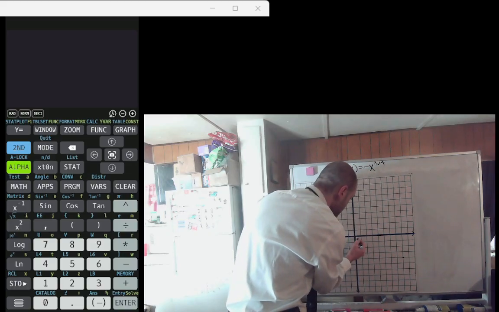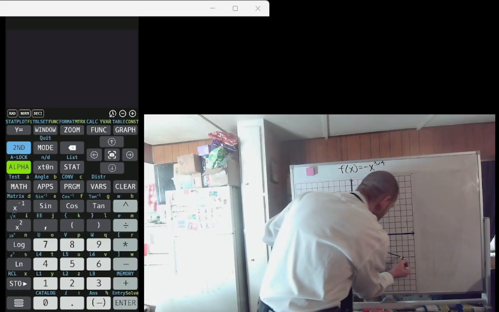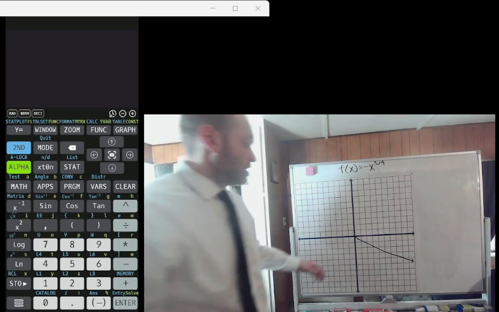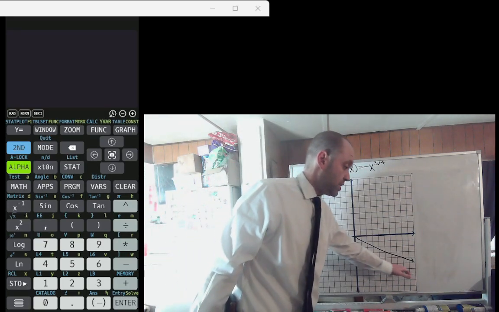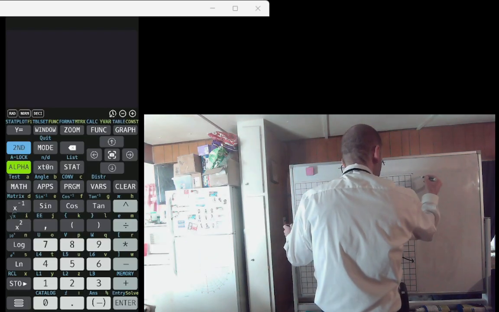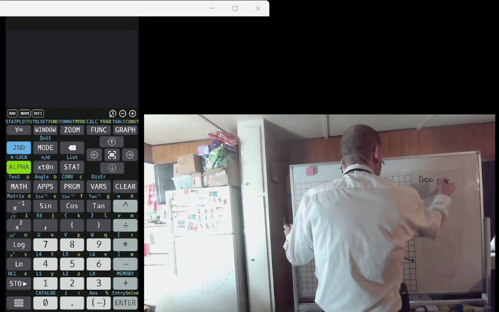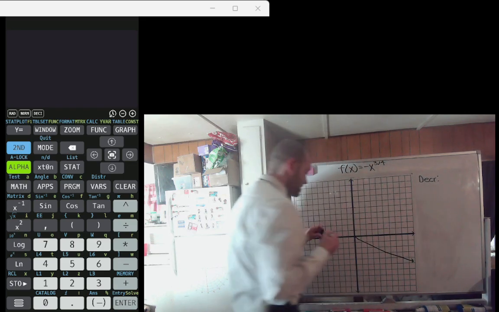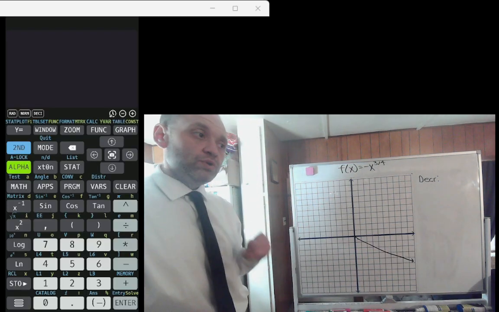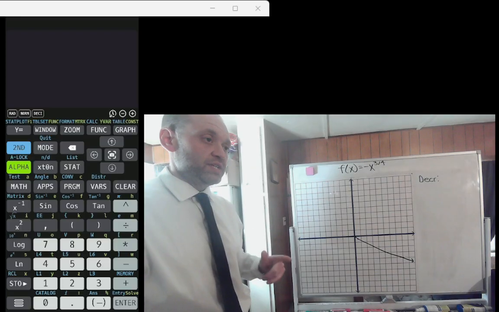So if we look at this graph, from 0 to infinity, it's constantly decreasing. Now this time it's going to be 0 inclusive. So when do you include 0 or not include 0?